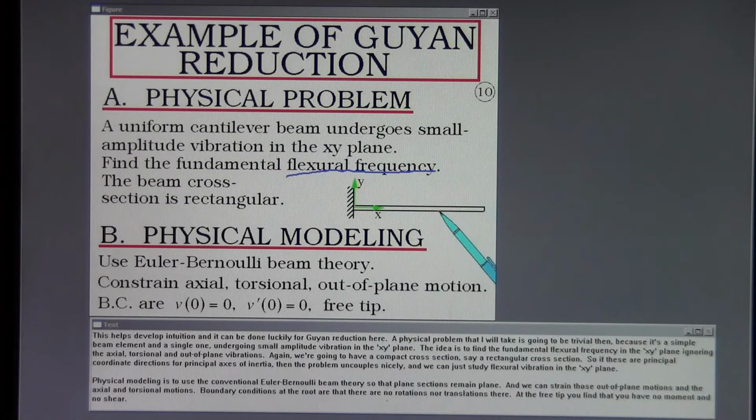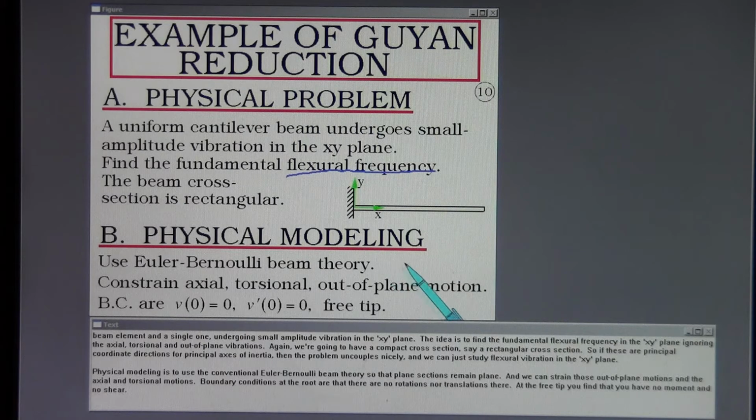Again, we're going to have a compact cross-section, say a rectangular cross-section. So if these are principal coordinate directions for principal axes of inertia, then the problem uncouples nicely and we can just study flexural vibration in the XY plane.